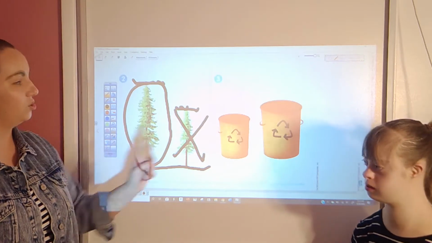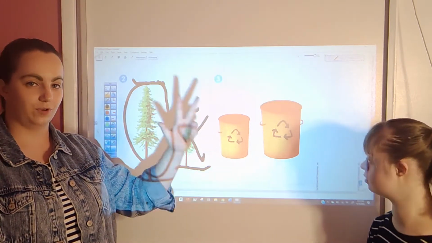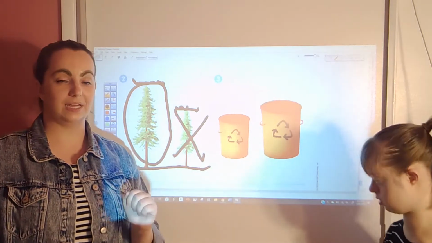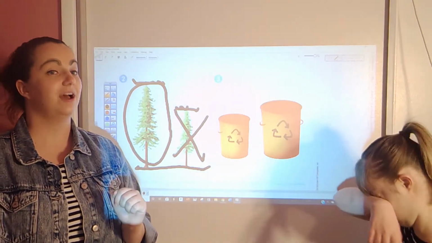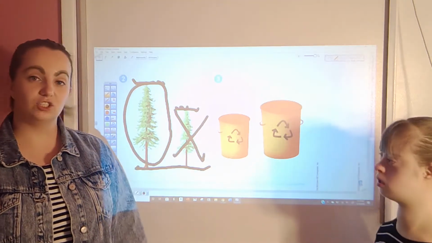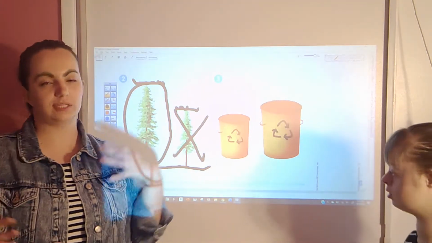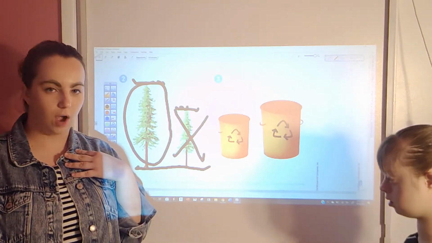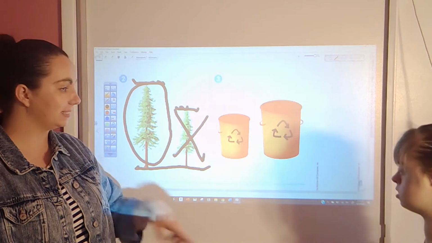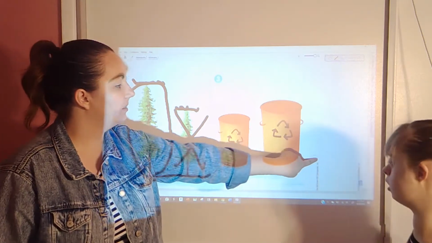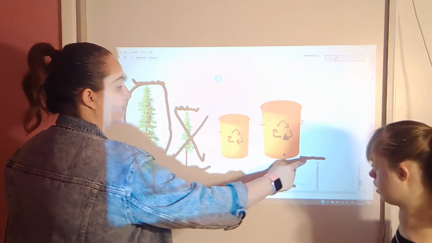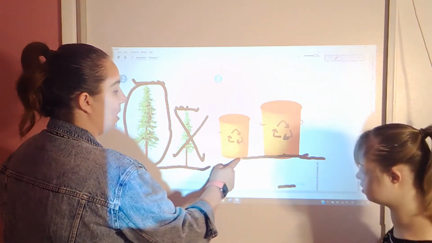Okay, looking at our next problem, problem number 3, I see we have 2 buckets that we have to compare the height of. Once again, I like to draw some extra lines just to help us see the height of these objects. So, to start with comparing height, I'm going to draw a line across the bottom, measuring from the bottom to the top.